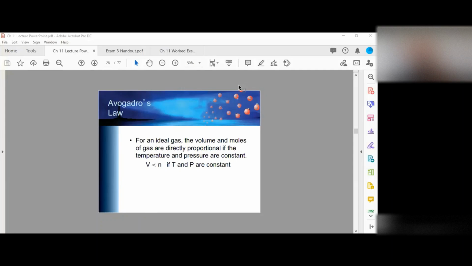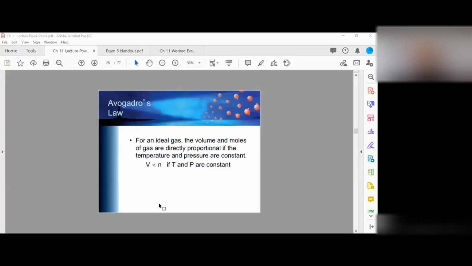So the next law is Avogadro's law. And we already saw this term, Avogadro, is a scientist who came up with Avogadro's number. And we said that Avogadro's number basically refers to how many constituents we have in a mole of substance. And that mole of substance contains whatever constituents that will equal 6.02 times 10 to the 23.